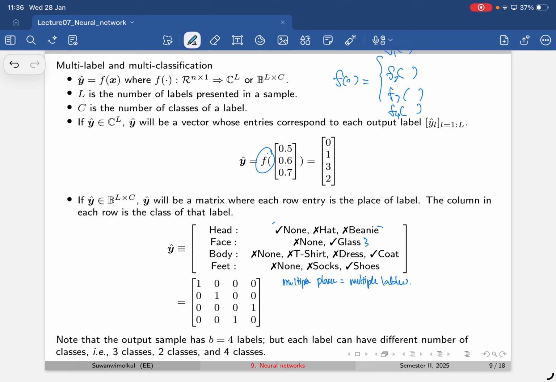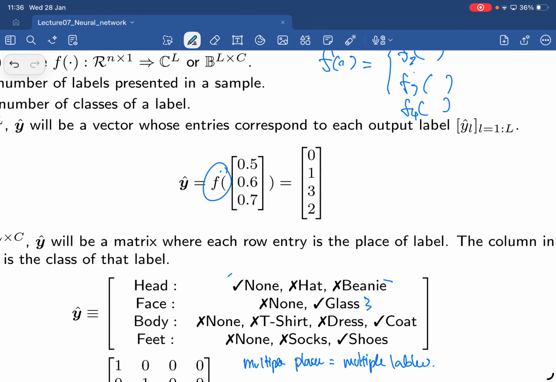Or you can force them to output as one, like one matrix, which could be a matrix like this. Let's say this is a vector of, maybe, class indices.